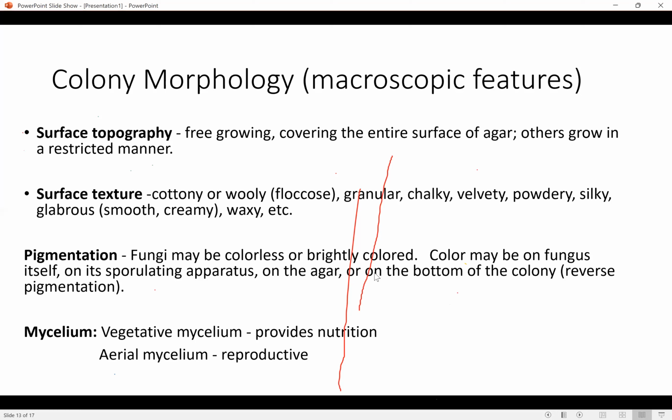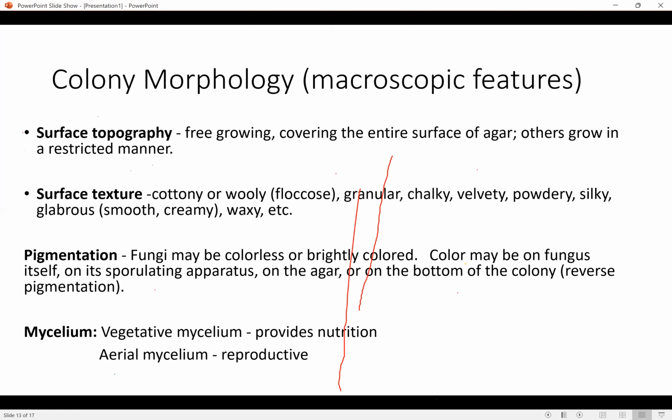The pigmentation of the fungi, does it produce bright color pigmentation, or it doesn't produce any pigmentation at all? Is the pigmentation reverse or obverse? That is, is it coming from the fungi and is on the fungi, or is it coming from the fungi into the media? So if it's into the media and you're observing the pigmentation from the bottom, we refer to that as reverse pigmentation.